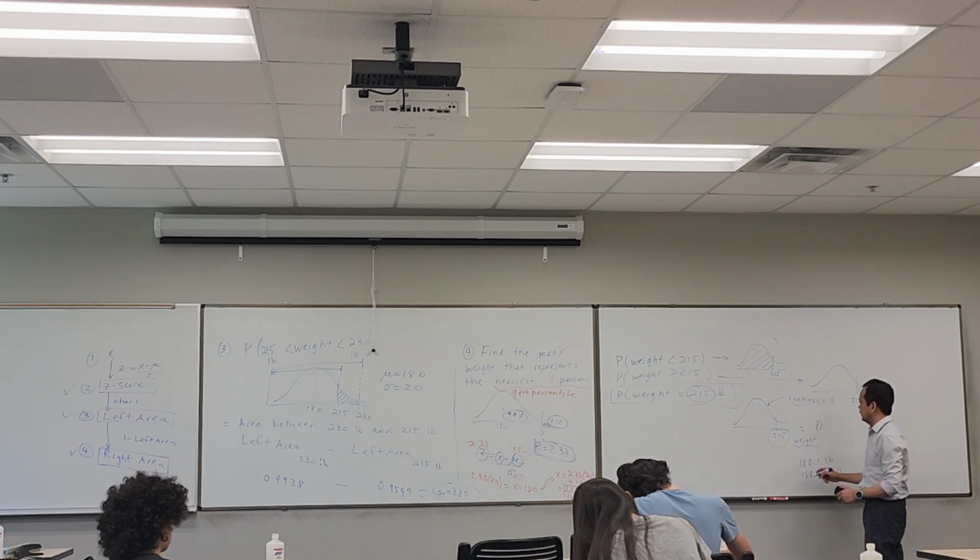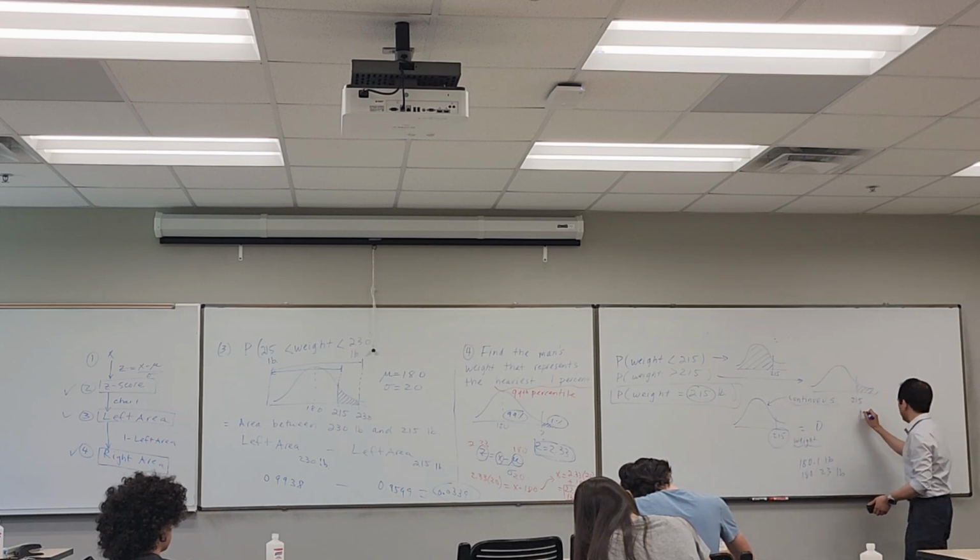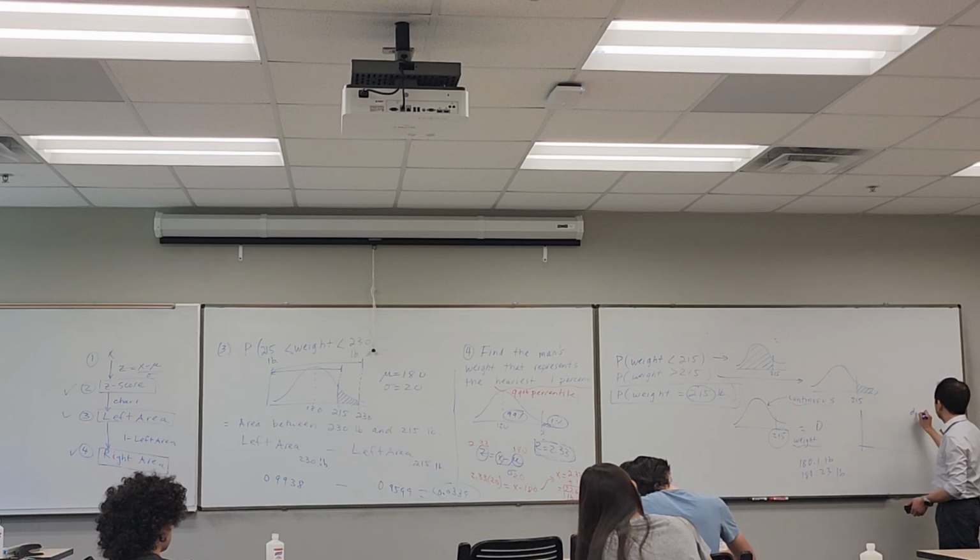So we can contrast this to another type of distribution that we call a discrete distribution. For example, if you're looking at points in a basketball game.